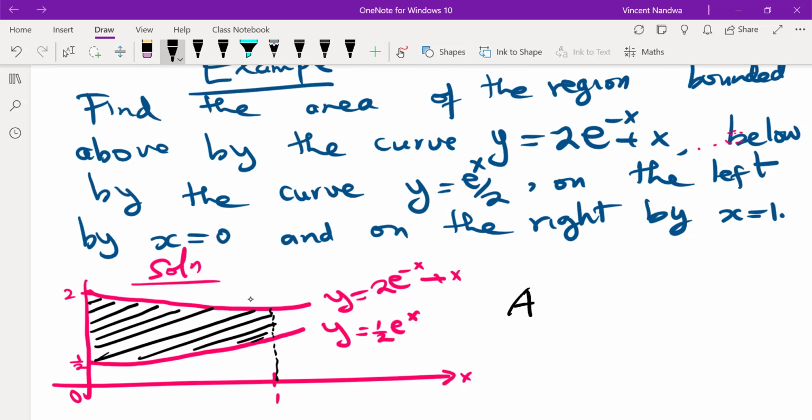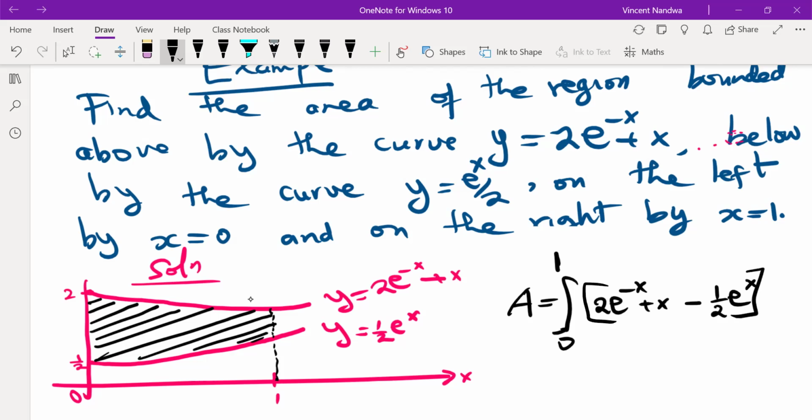So for the area, we're integrating from 0 to 1. The top curve is 2e^(-x) plus x minus the lower curve, which is a half e^x, then dx.